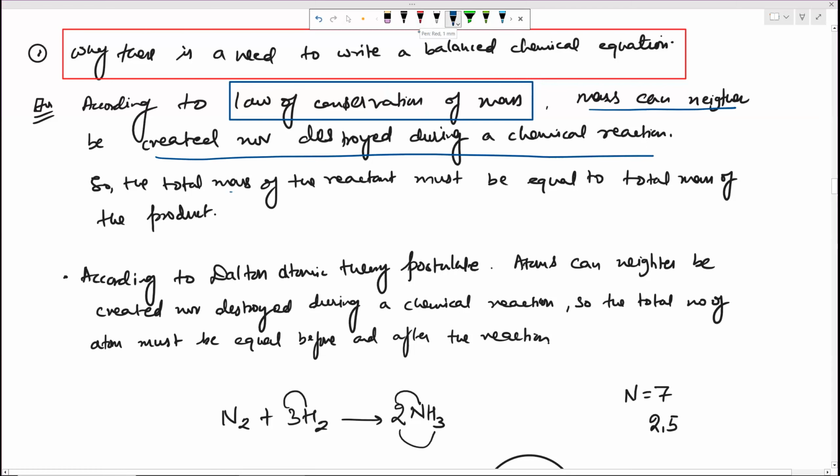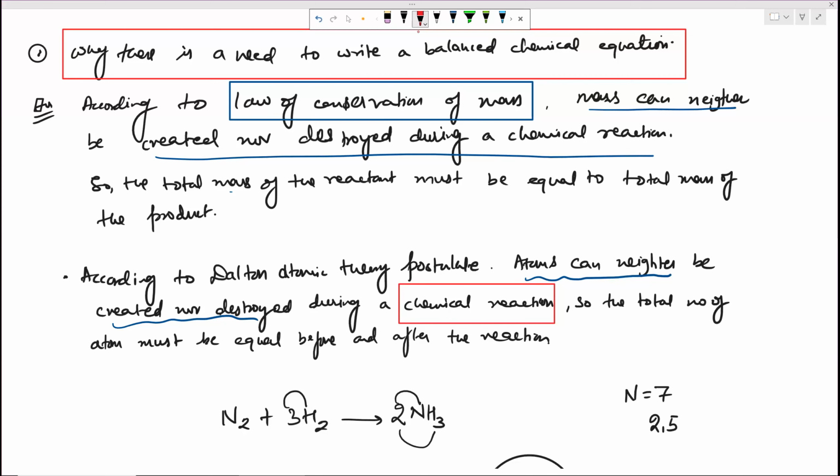So that's why the reaction will be balanced. Second, in Dalton's atomic theory, which you studied in the 9th class, atoms can neither be created nor destroyed during a chemical reaction. You need to note it. Atoms can be destroyed in a nuclear reaction, but not in chemical reactions.